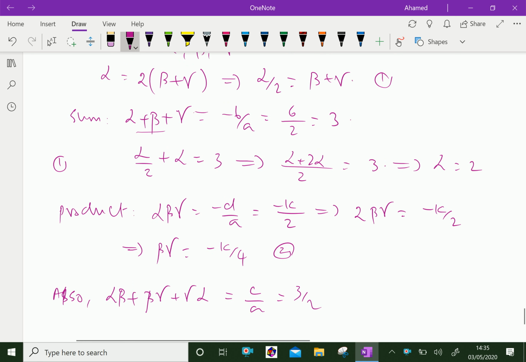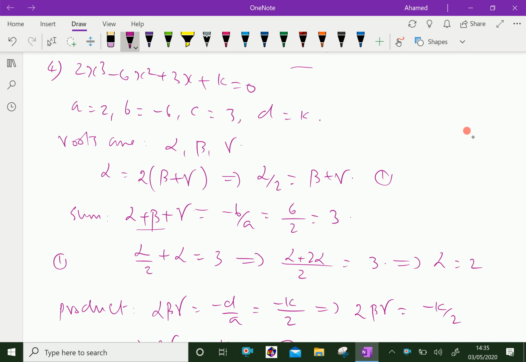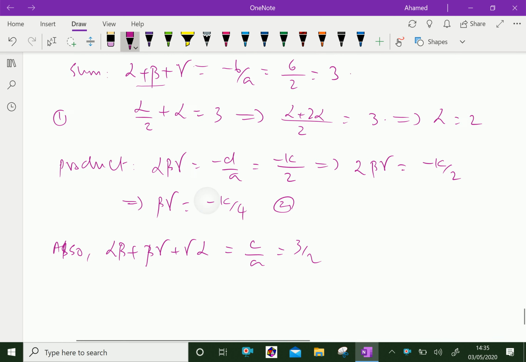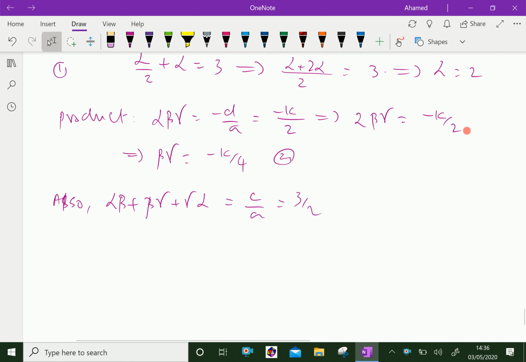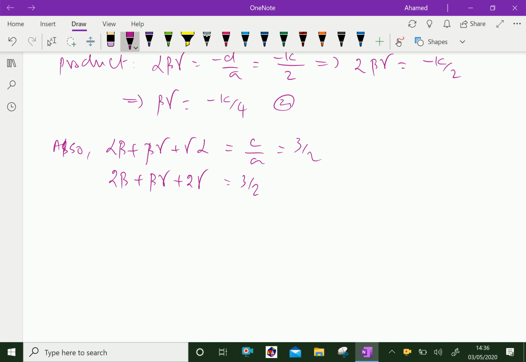Here alpha is 2, so 2 bracket beta plus gamma plus beta gamma equal 3 by 2.